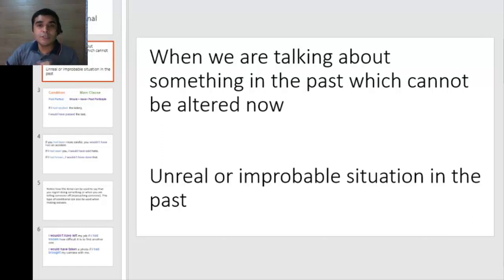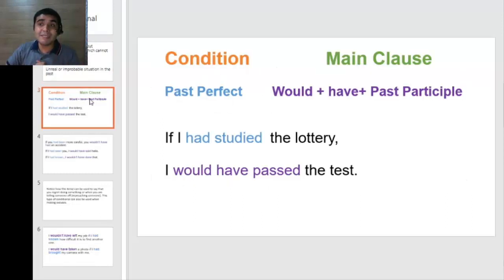So let's see what is the grammar structure that we are supposed to use in third conditional. Okay, keep this in mind and pay attention because third conditional is a little bit tricky to use, because the grammar structures are longer than the previous ones that we've learned. So the if clause or the condition goes in past perfect. What does it mean?